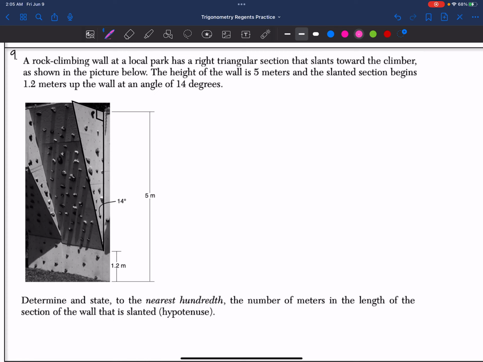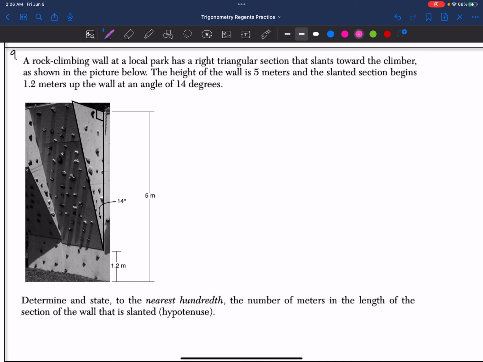So if you choose to increase your score, make sure that that is done before 4 p.m. So I am opening it now, literally as we speak, and you can do it and revise your work by 4 p.m. today on Friday, June 9th, and I will change your score, change your grade.